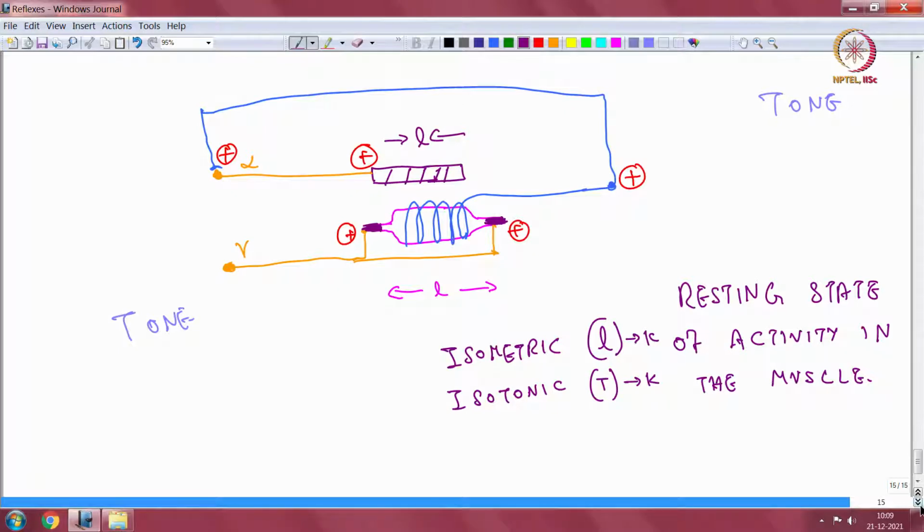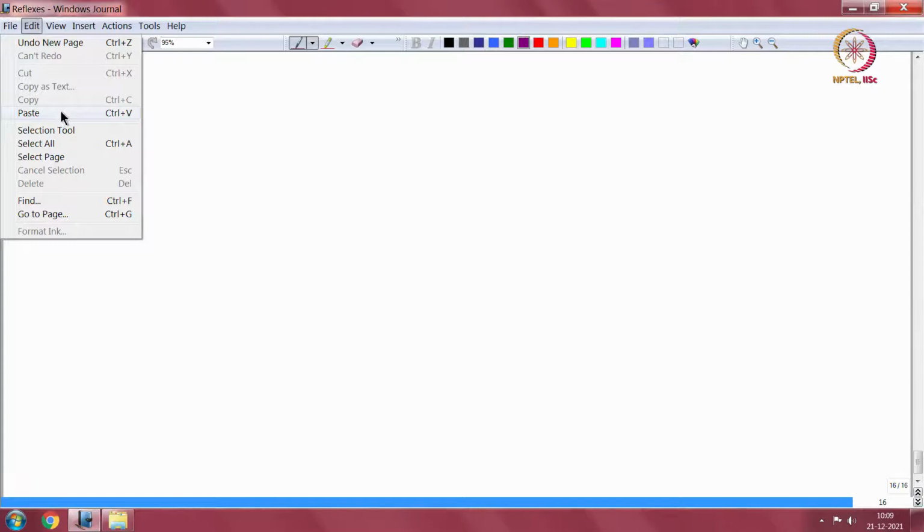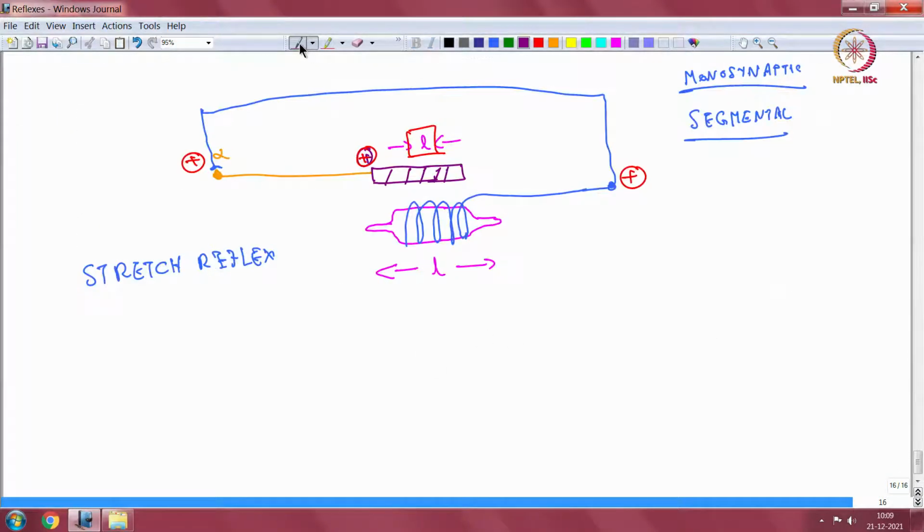Now, we will try to elaborate a little more into this circuit. So, I would need to again paste my basic circuit. So, basic circuit pasted, and what is now required is we need to connect some more stuff into this.